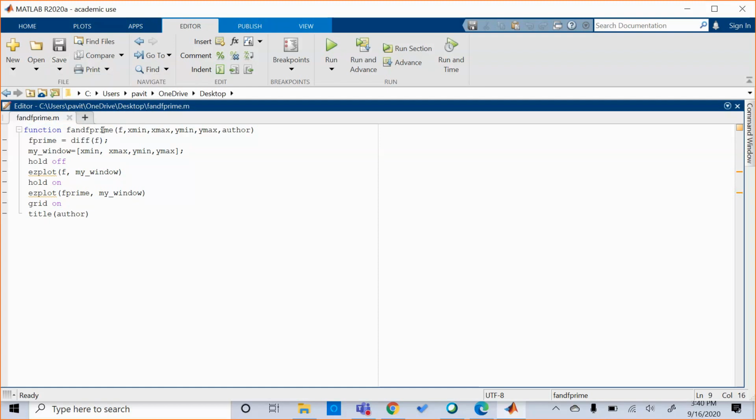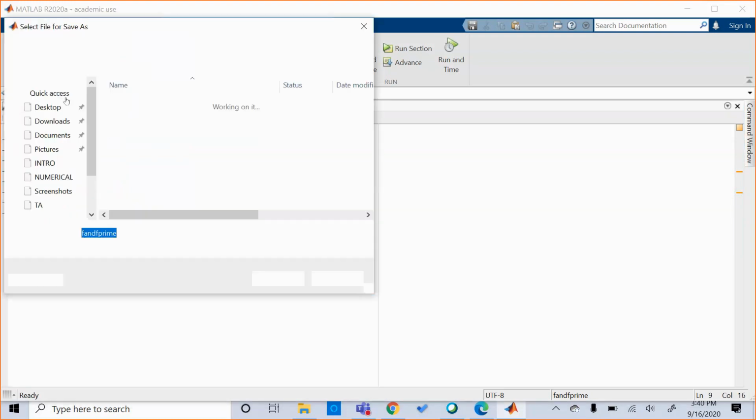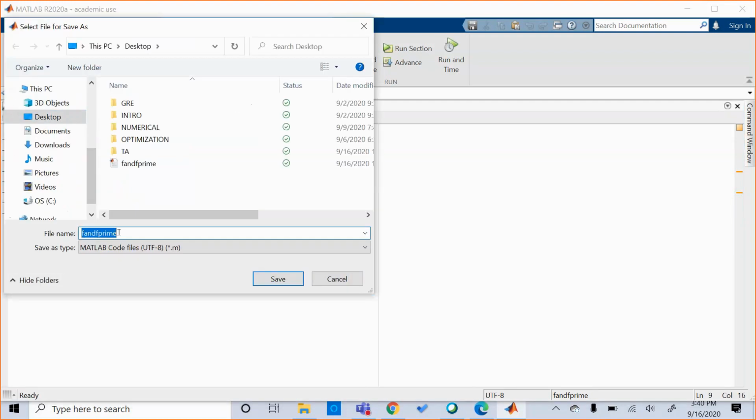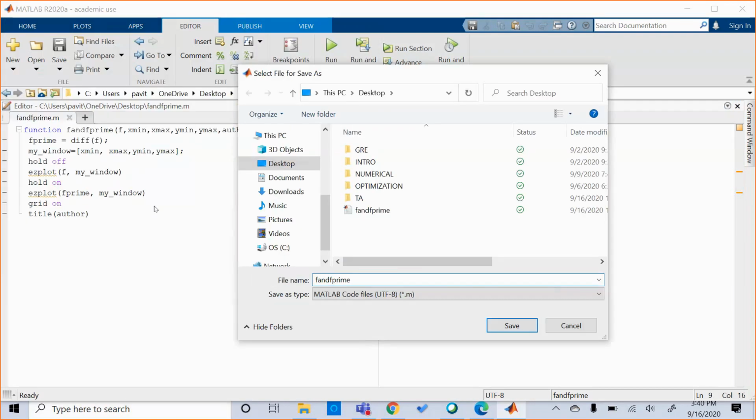When I click on save as, you will get this name. Do not change anything. Okay? It has to be this only. Because that is the function name you have given that. If you change name here, then the code will not run. Okay? So since I saved it already, I'll just skip it.